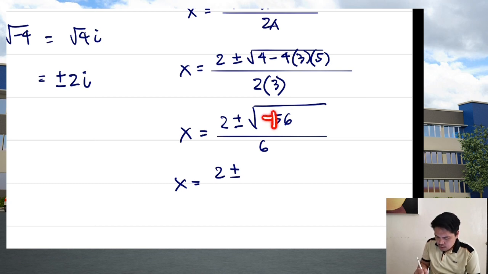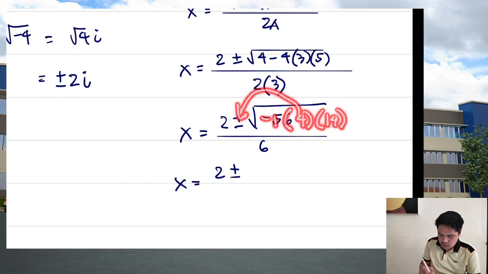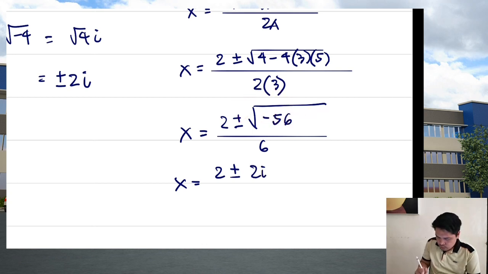This becomes negative 1 times 4 times 14. Tama ba? Sorry. Negative 1 times 4 times 14. Ito. So that would be 2i times square root of 14. Or let me rewrite that as 2 square root of 14i.